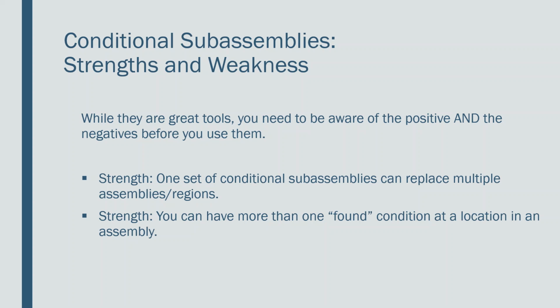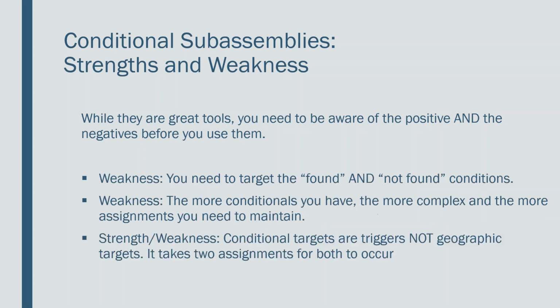You could say that the corridor assembly we're working with could work in all three of those different conditions by using three different found conditions at that location. So again, it prevents you from having different numbers of regions when all you have to do is tell the assembly to look for a line or some kind of target that would start that to happen.